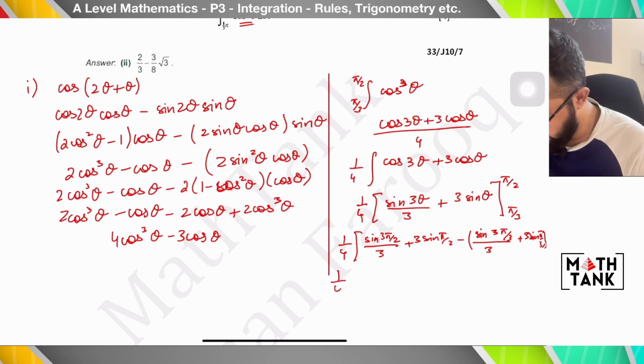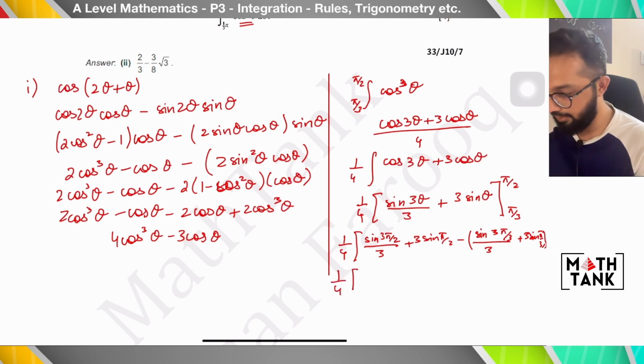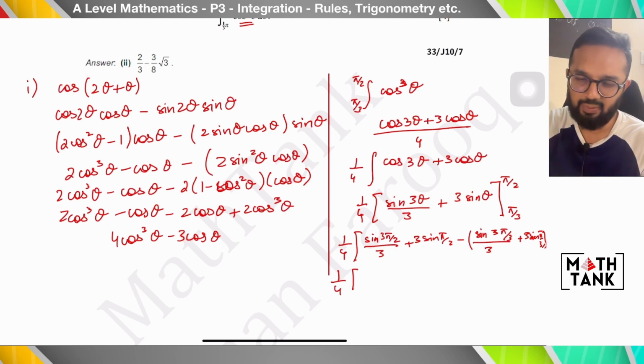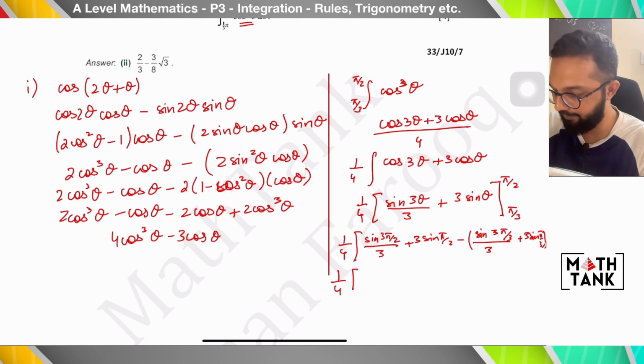Okay, let's evaluate this. Sine 3 pi over 2 will give me, sine of 270 should give me minus 1, I think.